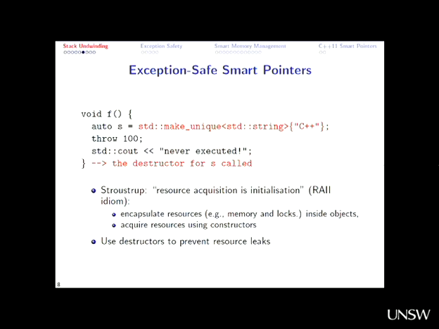It's very similar in terms of its design to how the string pointer class that we looked at last week looked. It's a wrapper around a dynamic piece of memory. And so now, when we go out of scope because of this throw, this unique pointer object gets destroyed.